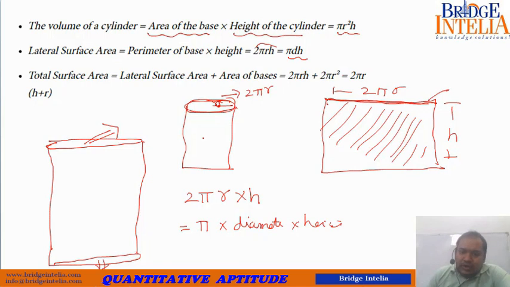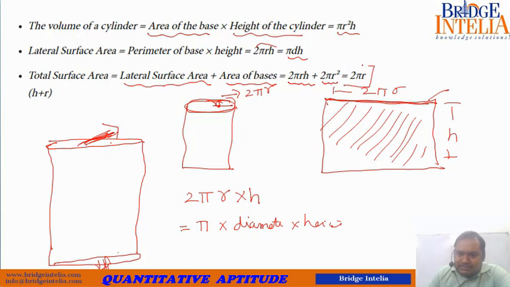But if you are finding the total surface area, you will have to add the area of the upper circle and the lower circle as well. The lateral surface area is already found out, and then you have to add the area of the two bases, upper and lower. So the formula is the lateral area plus the area of two circles, that is, 2 times pi r square.